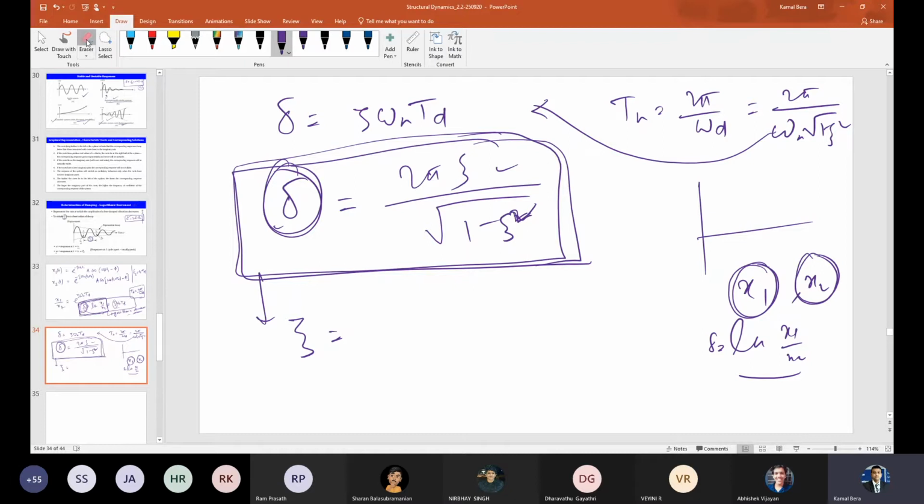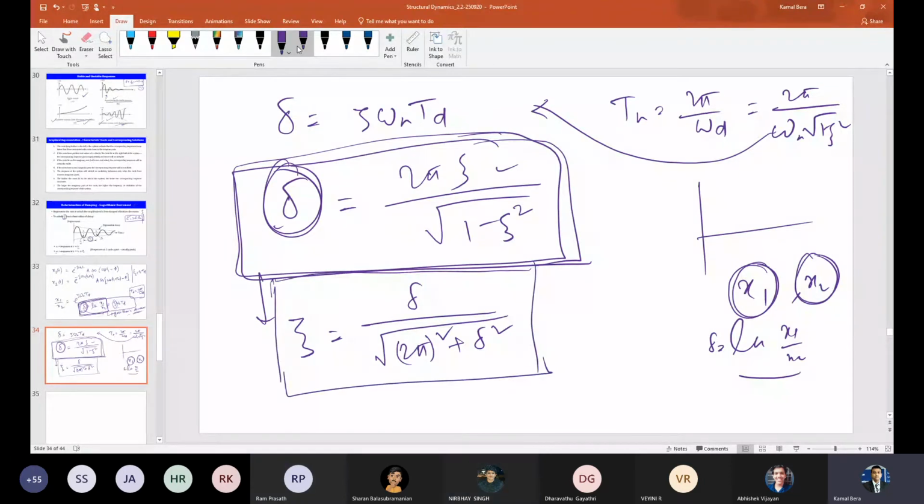Yeah, what is zeta from the expression? So delta upon under root of 2 pi plus delta square? Are you sure? Everyone getting this? 4 pi square, isn't it 4 pi square? Yeah, you have to take the square, right? Then this will be 4 pi square.